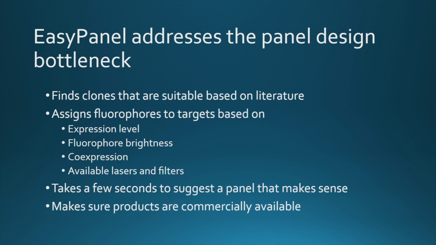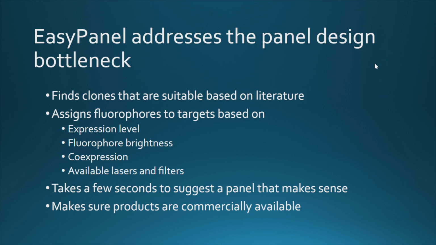It's obviously important to account for the available lasers and filters, meaning that you need to understand your machine and its capabilities, what lasers it has and which channels it offers, to be aware of the fluorochromes that you can use. Some fluorochromes may not be used on some machines just because the instruments or flow cytometers are not equipped with the optics needed to detect them, specifically the lasers or the optical channels.